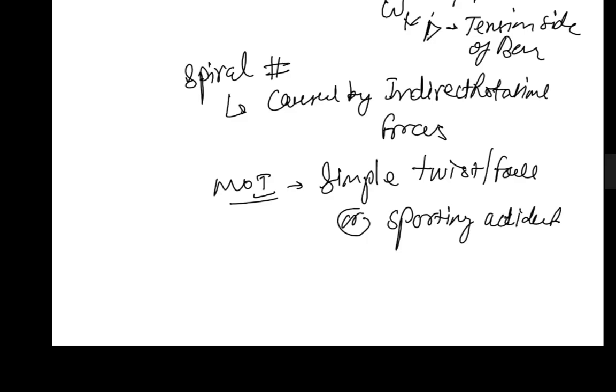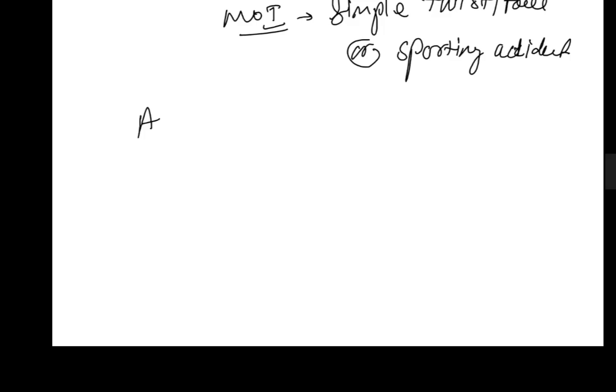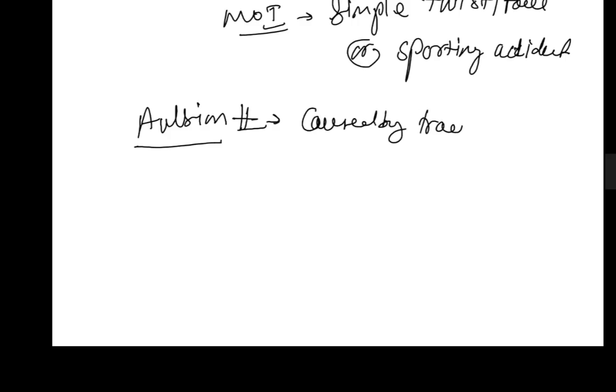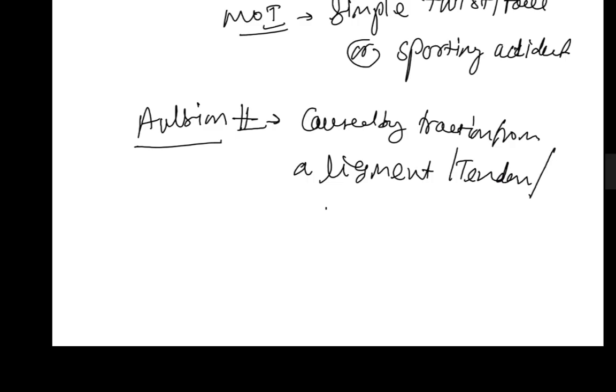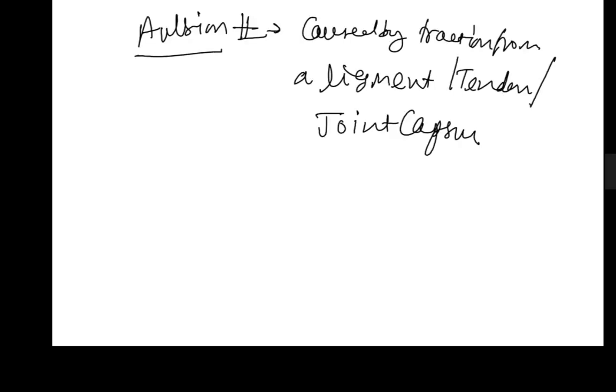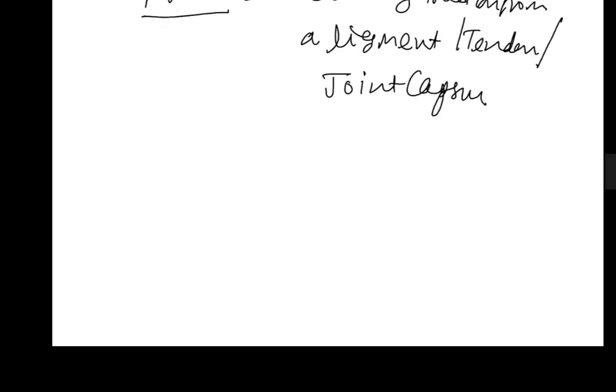Then comes the avulsion fracture. Avulsion fracture is caused by traction from a ligament, tendon, or joint capsule, at the insertion site.